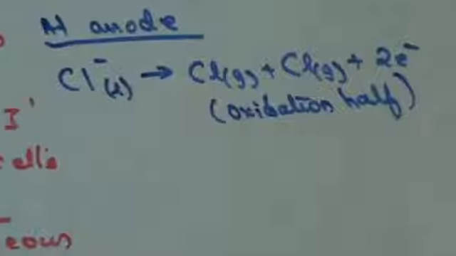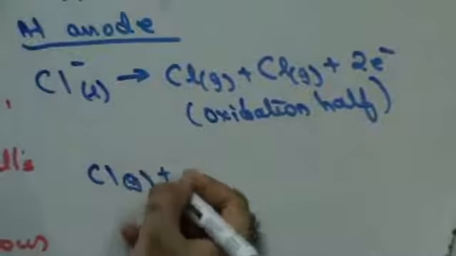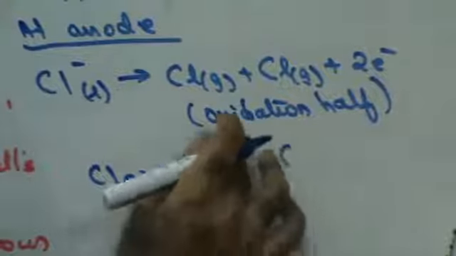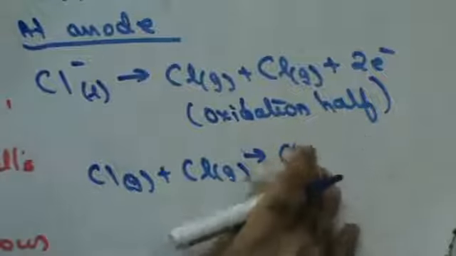And these two chlorine atoms, which are in gaseous form, would combine to form chlorine molecule, Cl2 gas.